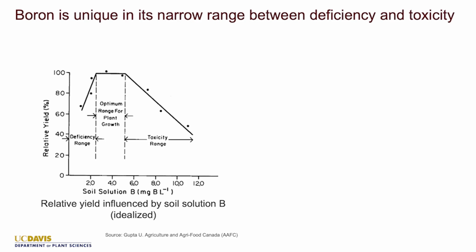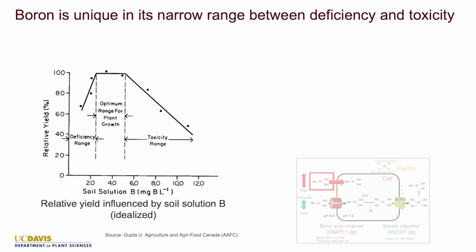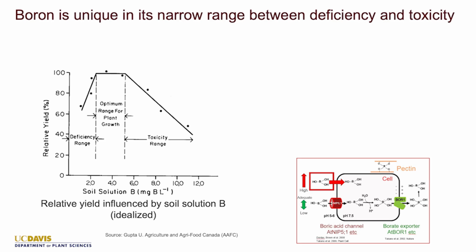It mostly exists in the solution phase, and as a consequence, anytime you increase solution concentration of boron, it is available for plant uptake, and it will flood in through these systems. So this is the explanation for why there is this narrow range. But what's important here is that it is all about how much boron is in solution in the soil.